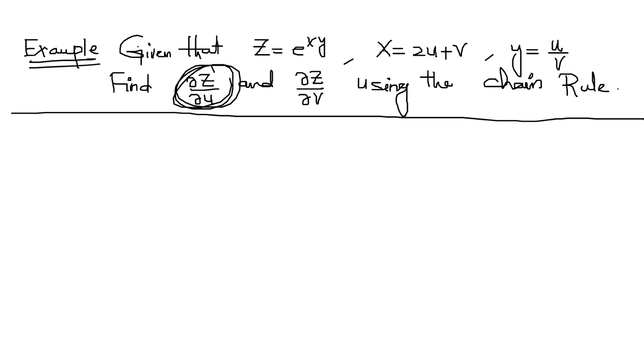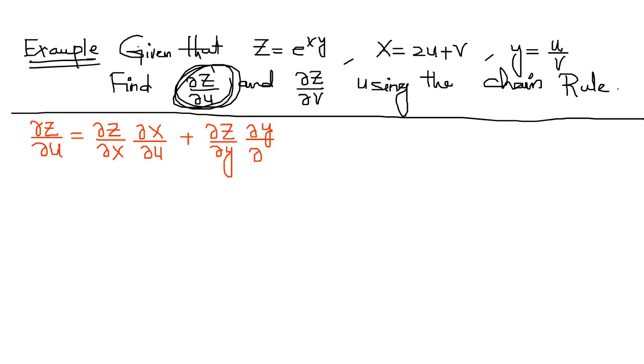For this one we know the formula. Partial derivative of z with respect to u is the partial z with respect to x and x with respect to u, plus the partial derivative of z with respect to y and y with respect to u. So this is the formula.